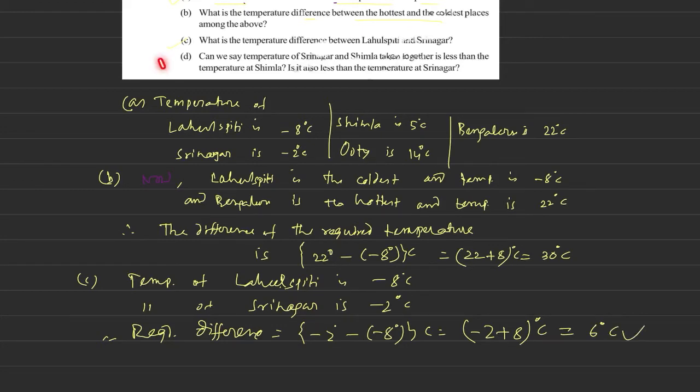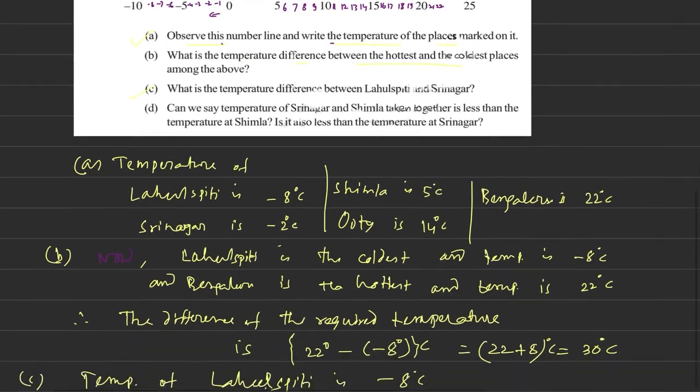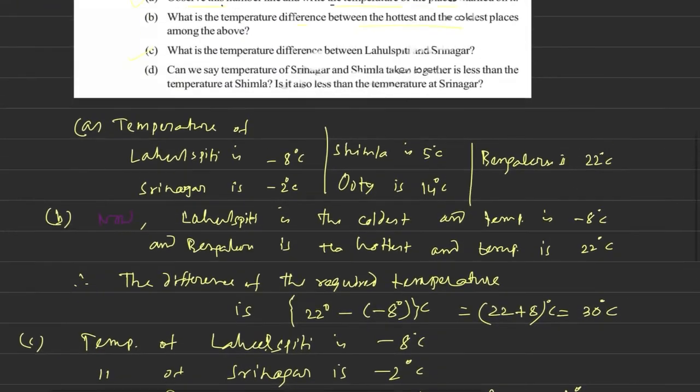And next, question D. Can you say the temperature of Srinagar and Shimla taken together? First, do this: the temperature of Srinagar and Shimla. I am going to the next page. Question D. Look at this carefully.